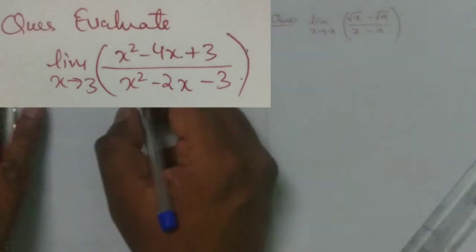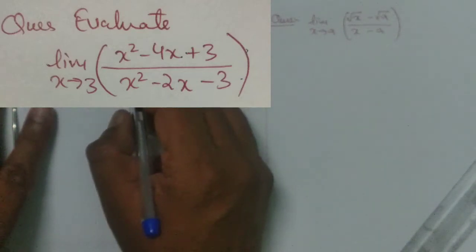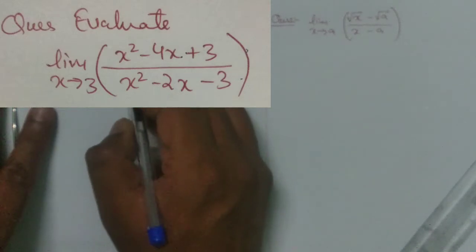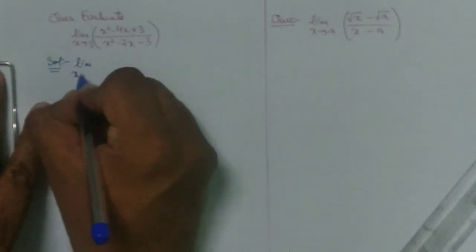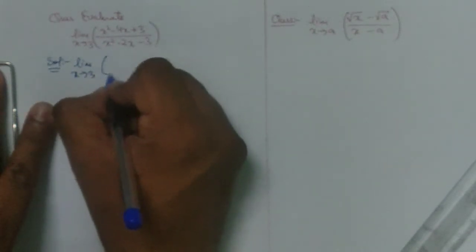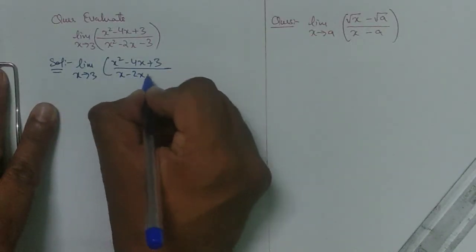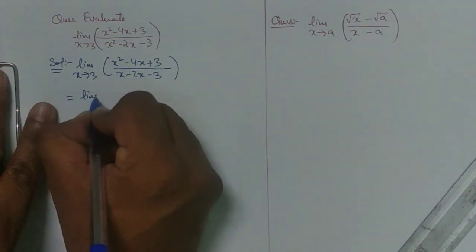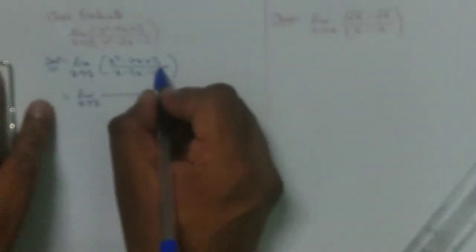So see here, first of all I will simplify this function. To simplify it, I will factorize the numerator and denominator of this function. See the numerator part.